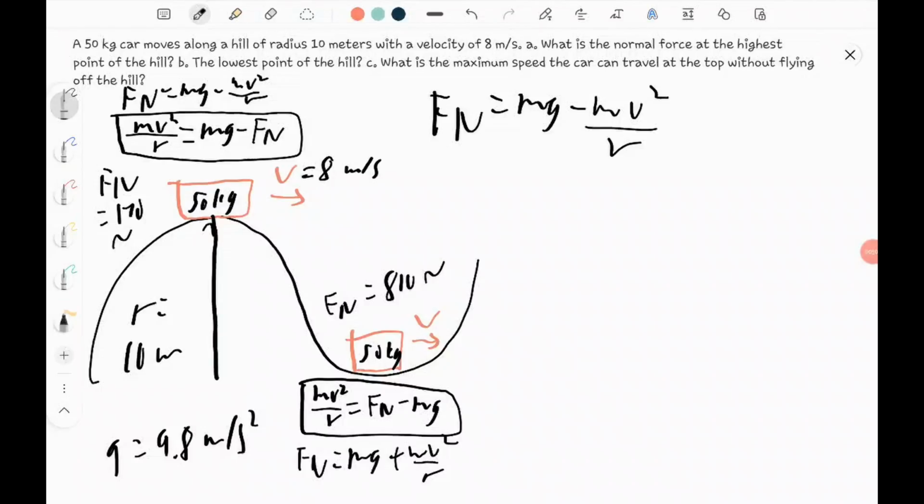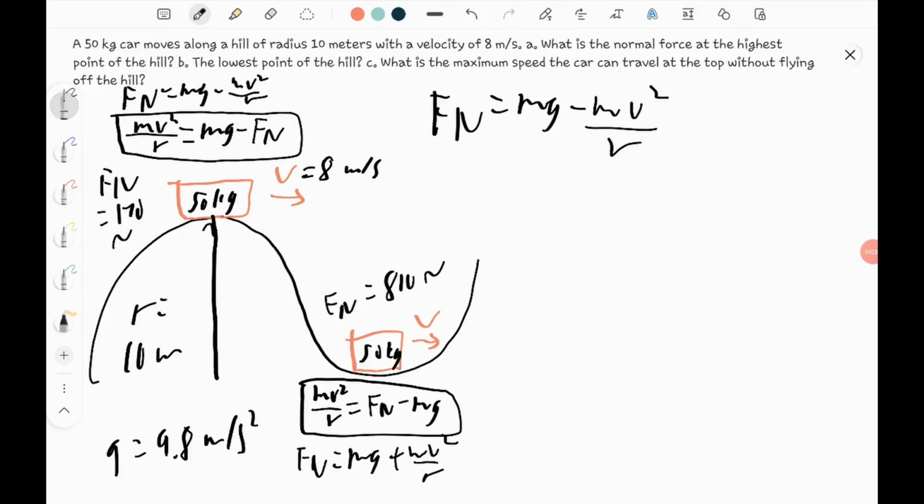Now what about part C? What is the maximum speed the car can travel at the top without flying off the hill? Now if you look at when the velocity was 8 meters per second, notice we have a normal force of 170 newtons. When we have a normal force, that means the object is on a surface, because in order for there to be a normal force, the object has to be on a surface.